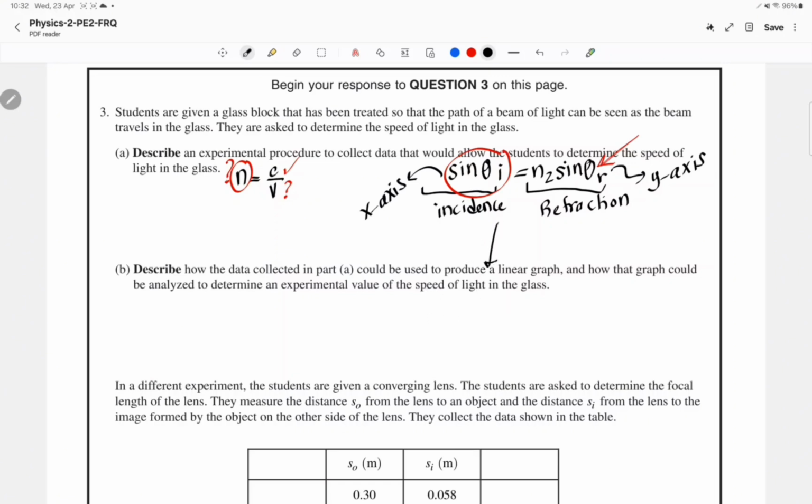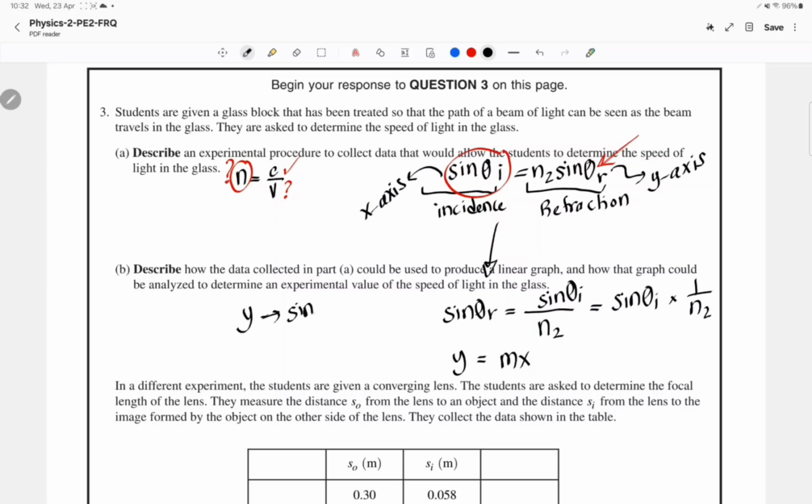So we're going to say sine of theta r is equal to, bring the n2 down, sine of theta I. So essentially it's like saying y is equal to mx, and here we have sine theta I times 1 over n2. So the y-axis is going to be the sine theta r, and the x-axis is going to be the sine of theta I, while the slope is going to be the reciprocal of the index of refraction of the glass.